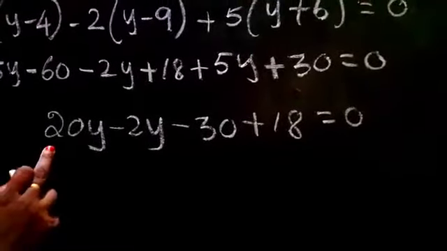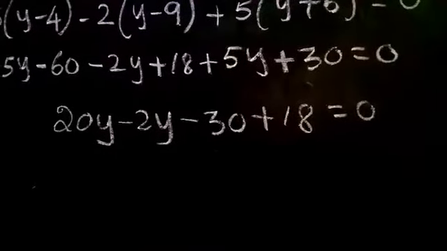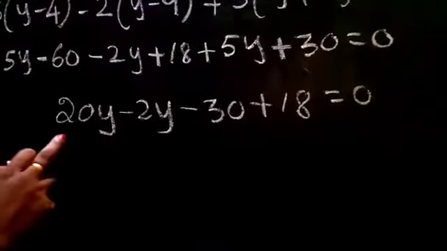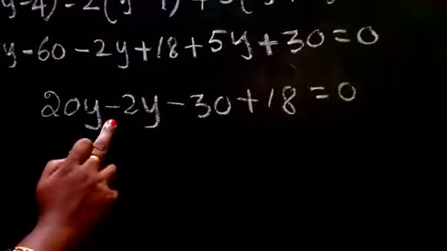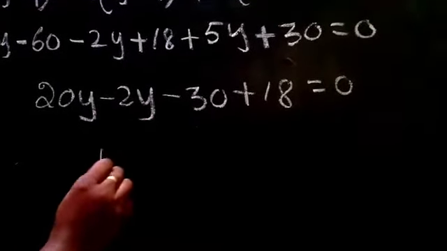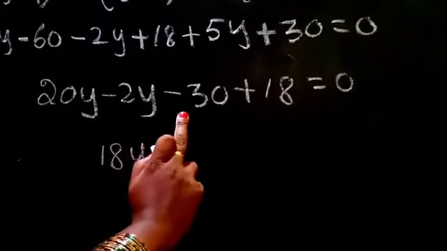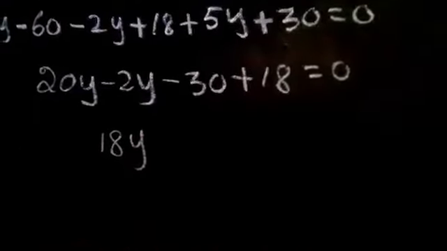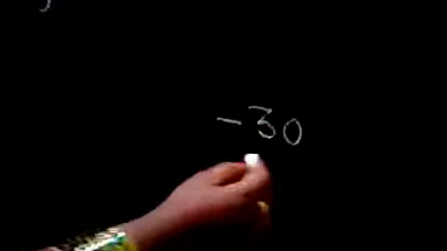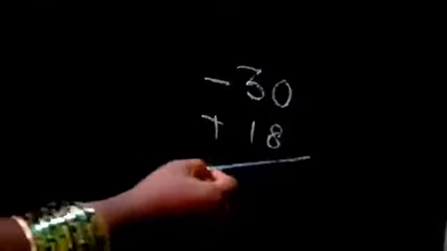Then minus 30 plus 18 is, this is 10, remaining 2 here.